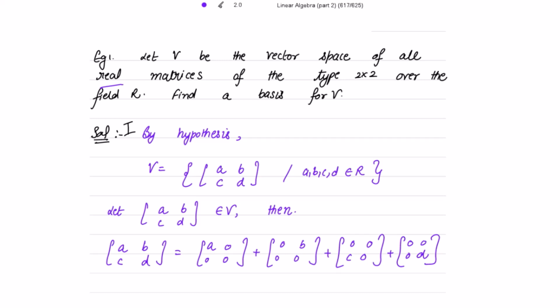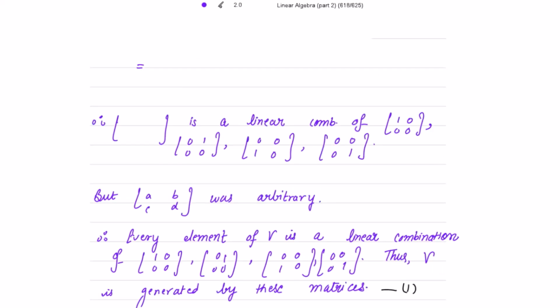Next, I take a common from the first matrix, then b common from the second matrix, then c, then d, so that I can get the linear combinations of some matrices. So if I take a common, this will become a times [1, 0; 0, 0]. If I take b common, this will become [0, 1; 0, 0]. And then c, it is [0, 0; 1, 0], and for d it is [0, 0; 0, 1].